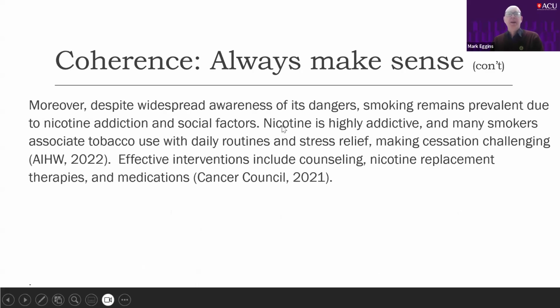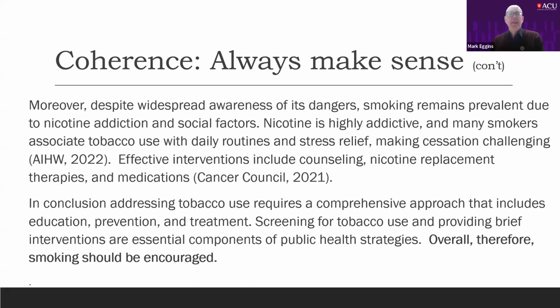The third paragraph is talking about the addictive part of tobacco use. And then there is a conclusion. All I want you to do is read the conclusion, okay? Is there anything wrong with the conclusion?